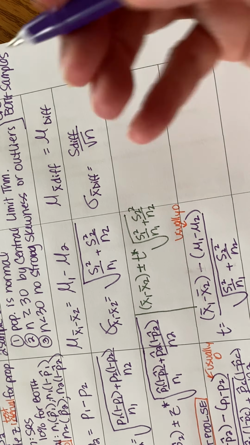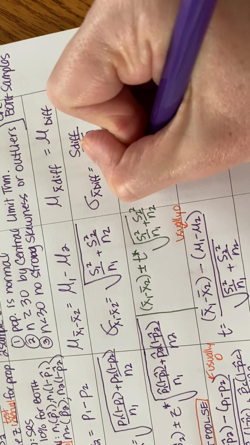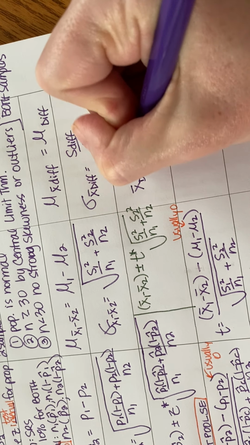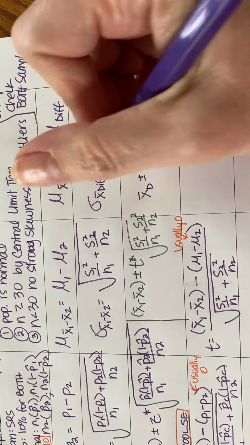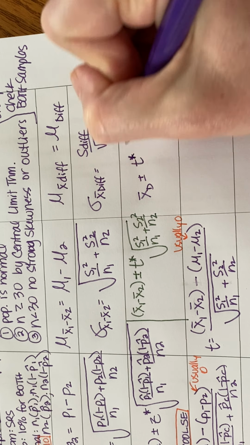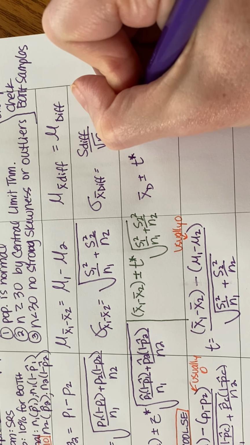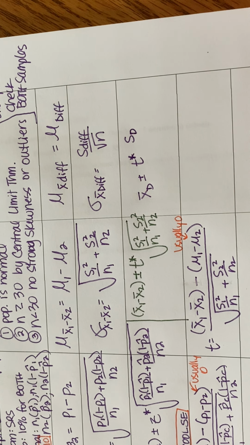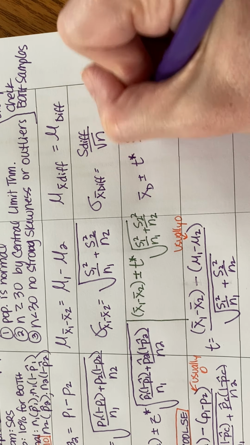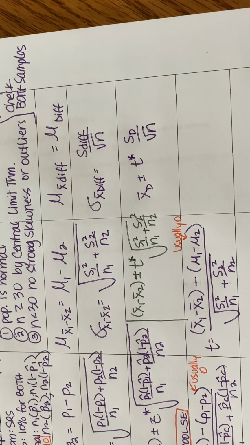So you'll use whichever one depending on the way the problem is set up or what the problem is asking you for. So you would do x bar of the difference plus or minus your critical value. Since we are talking about means, we're going to use t star, times the standard deviation of the differences divided by the square root of n.